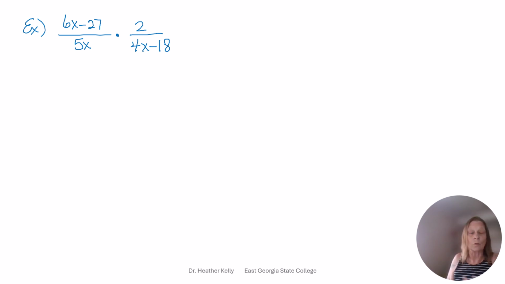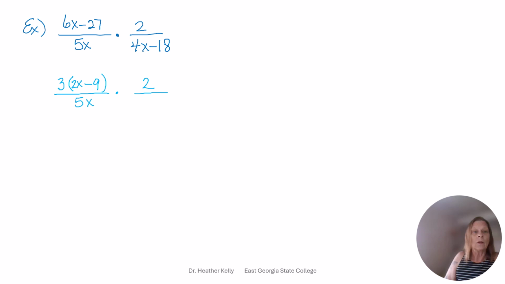We've got to simplify each piece, factor it down to its smallest pieces. So in our 6x minus 27, the most we can take out of that is a 3, and that leaves us with 2x minus 9 over, nothing we can do with that 5x, that is in simplest terms. Nothing we can factor for that 2, it is also in simplest terms.